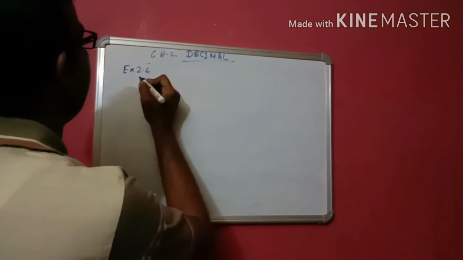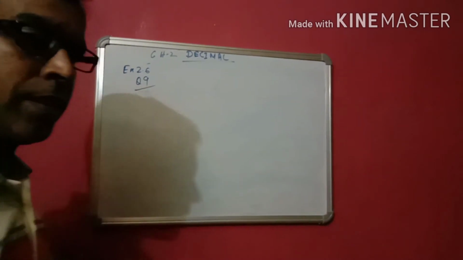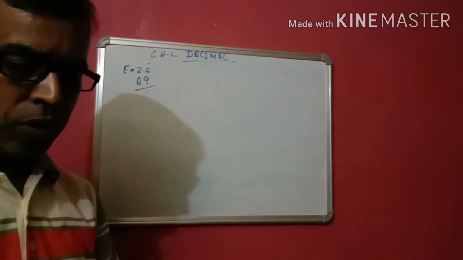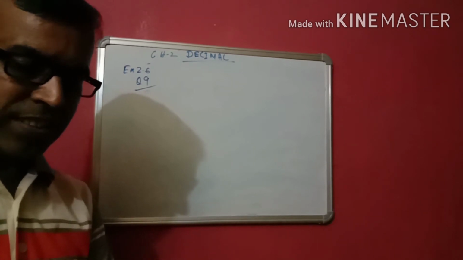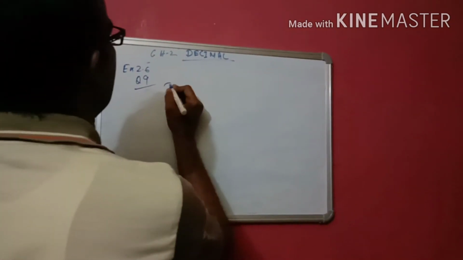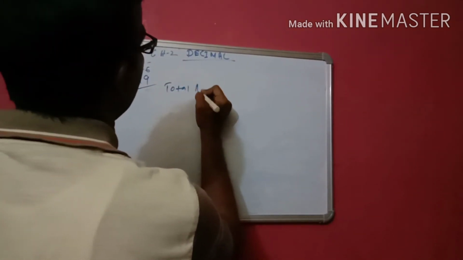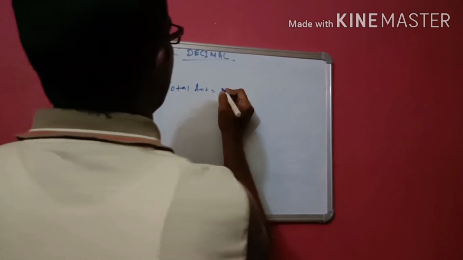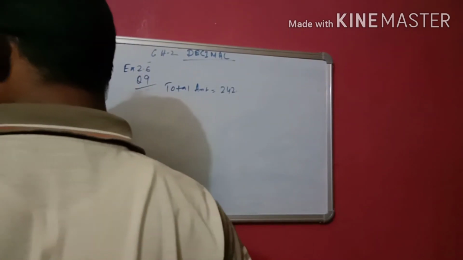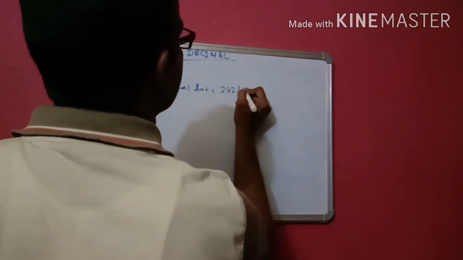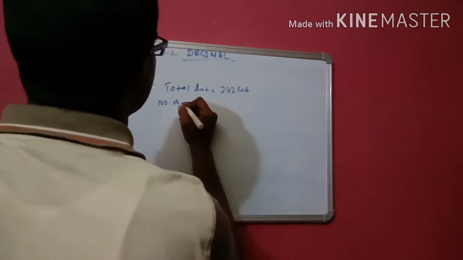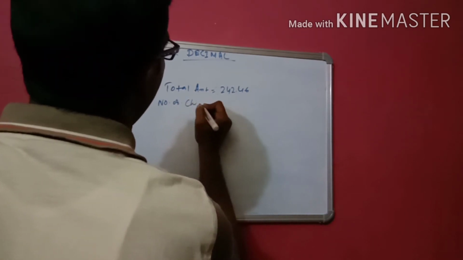Now question number 9. According to your book, it is given that if 242.46 are to be distributed among 6 children equally, find the share of each. So total amount is 242.46. Number of children is equal to 6.